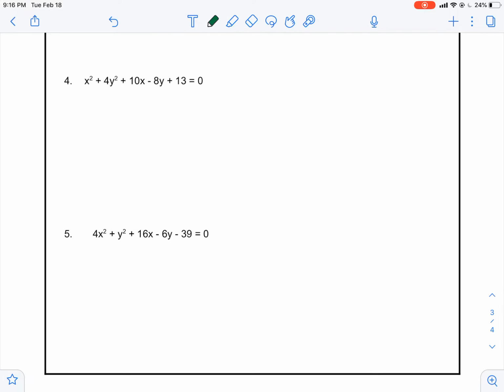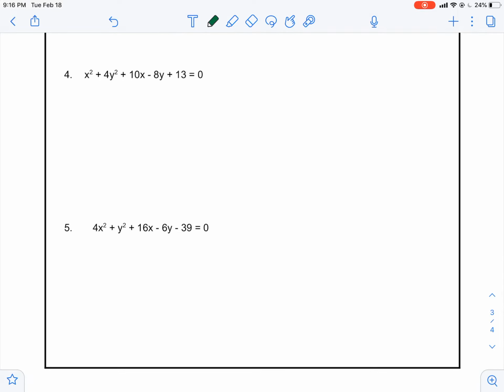Now, just like with circles, it is possible that it is not in the standard form and we're going to need to run a completing the square. So same as before, we're going to complete the square. The first thing that I would do is to reorganize so that you have your x's together, and then again the y's together.